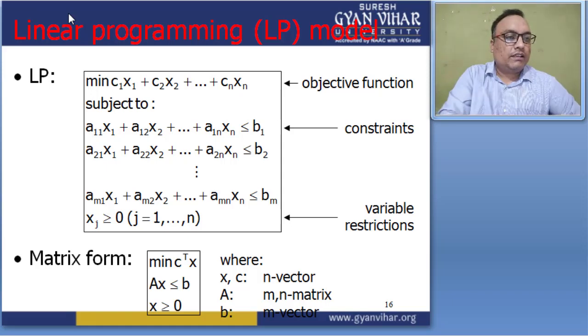Here the minimum function is c1x1 plus c2x2 plus dot dot dot plus cnxn, and this is the objective function.